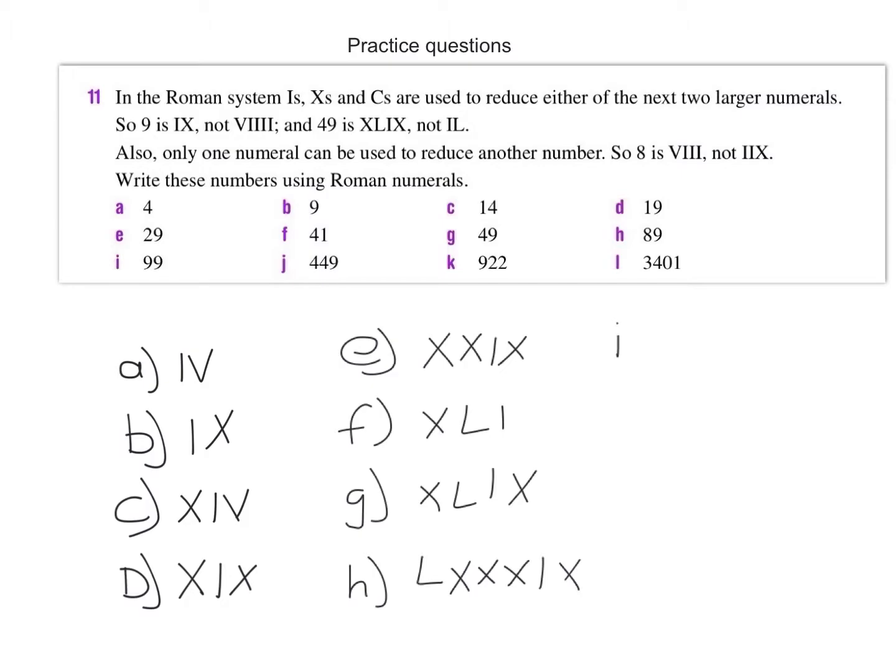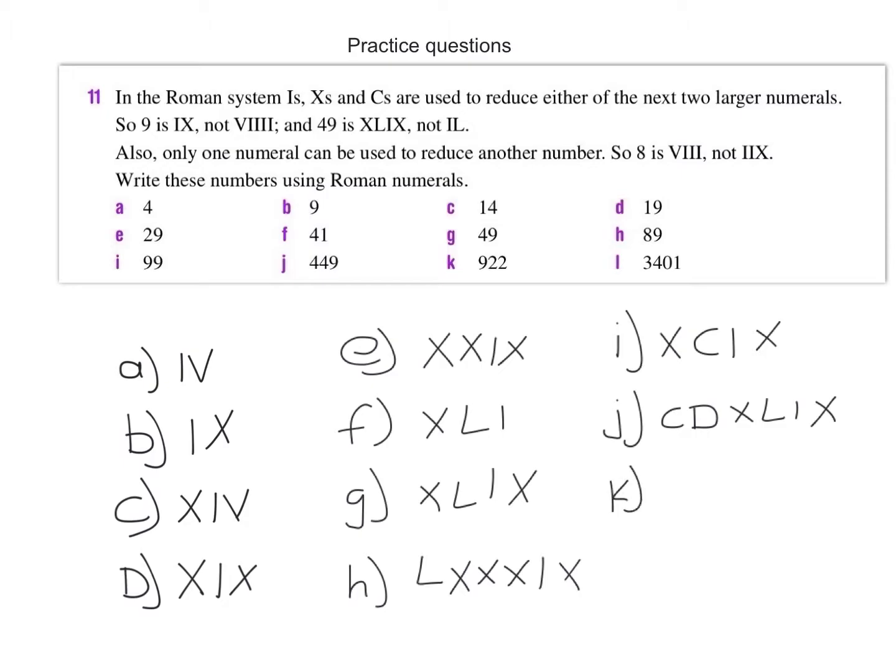I is going to be XCIX. J is going to be CDXLIX.